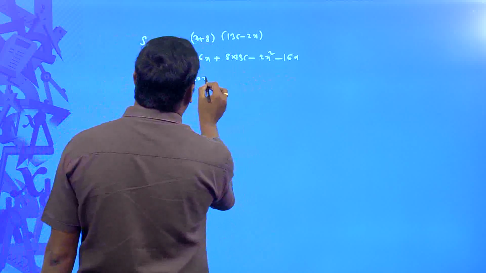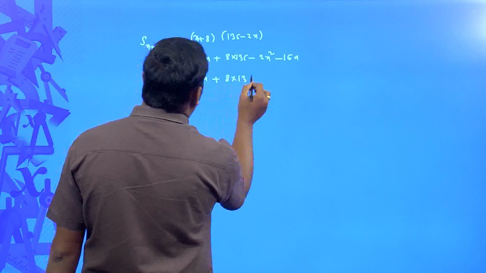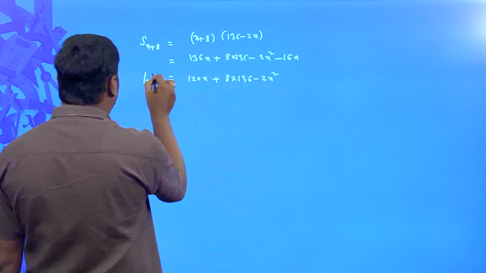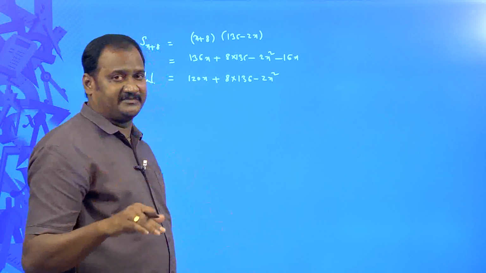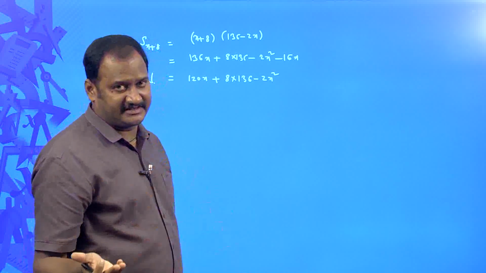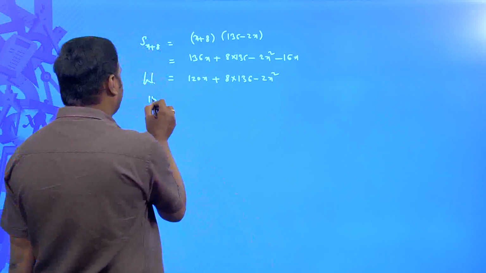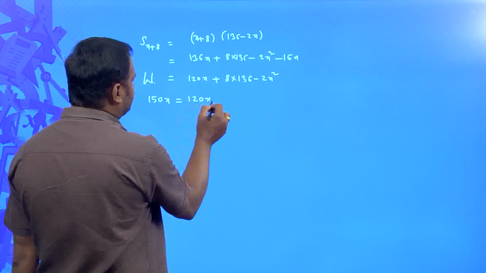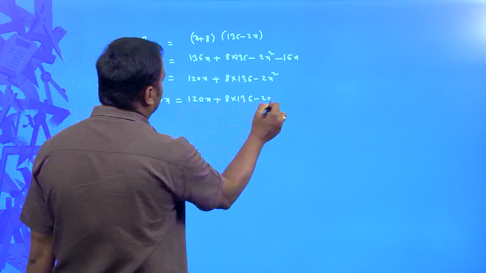So 120x plus 8 into 136 minus 2x square, this is the total work done, right. But the total work done by 150 members in x days is going to be 150x. So, can we equate this with 150x? So 150x is equal to 120x plus 8 into 136 minus 2x square.